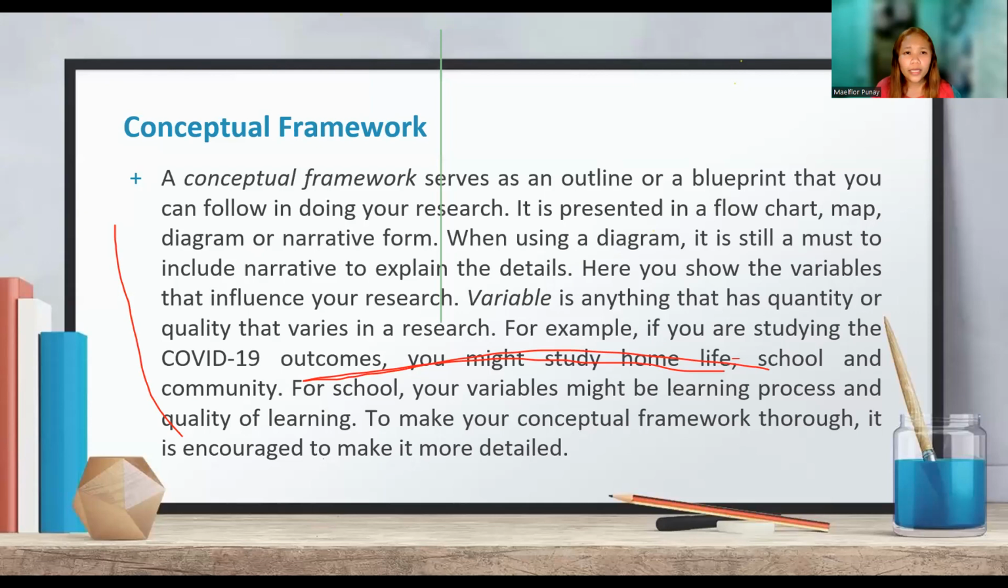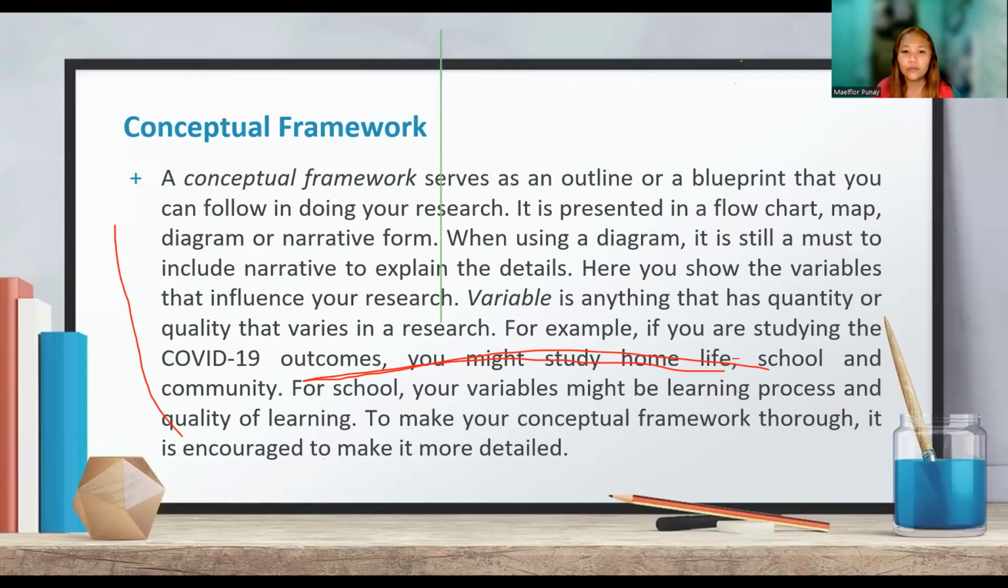Here, you show the variables that influence your research. So when we talk about variable, it is anything that has quantity or quality that varies in a research. So for example, if you are studying the COVID-19 outcomes, you might study home life, school, and community. So for school, your variables might be learning process and quality of learning.